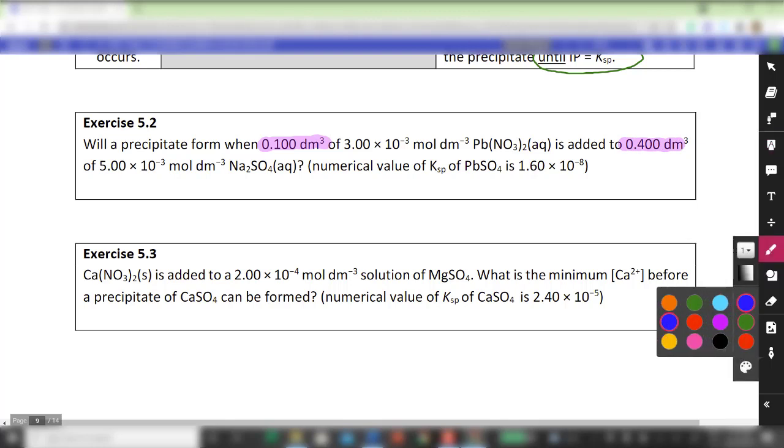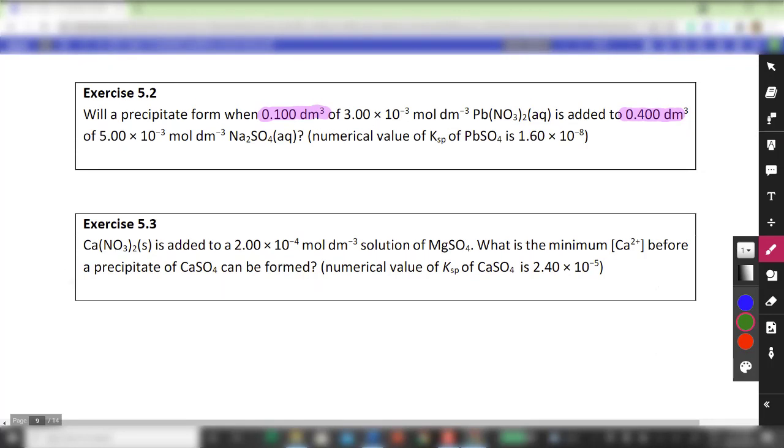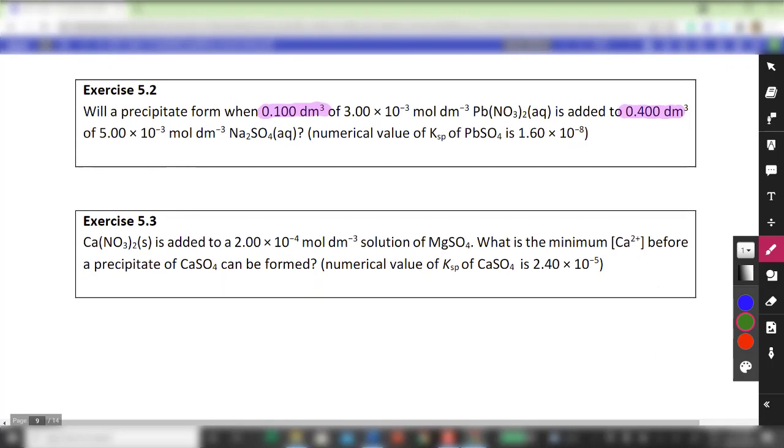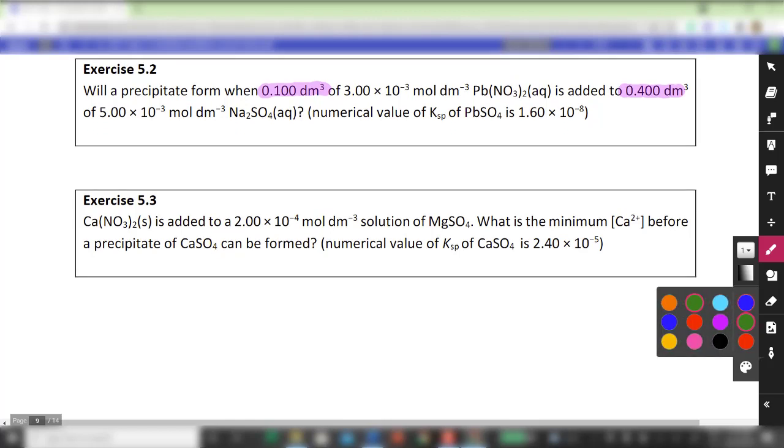The question they ask is, will there be a precipitate being formed? That's actually a pretty straightforward question. All you need to do is to sum up the total volume. So what is the total volume? Let's do it in the empty space here.